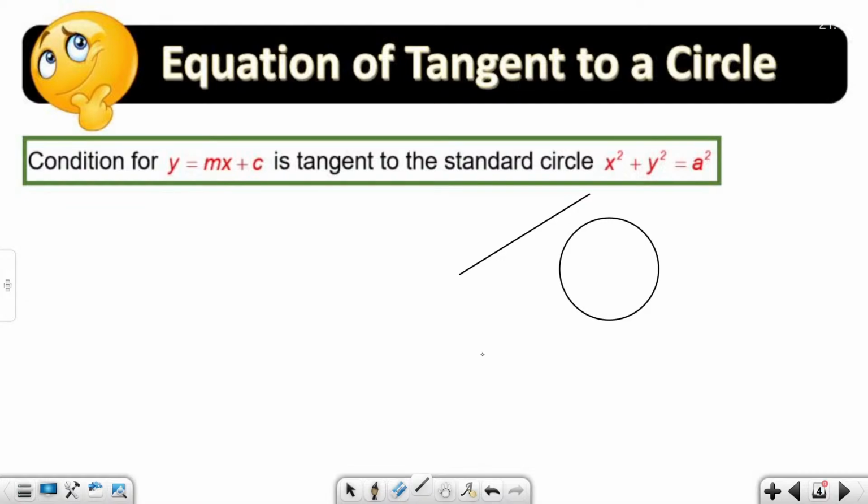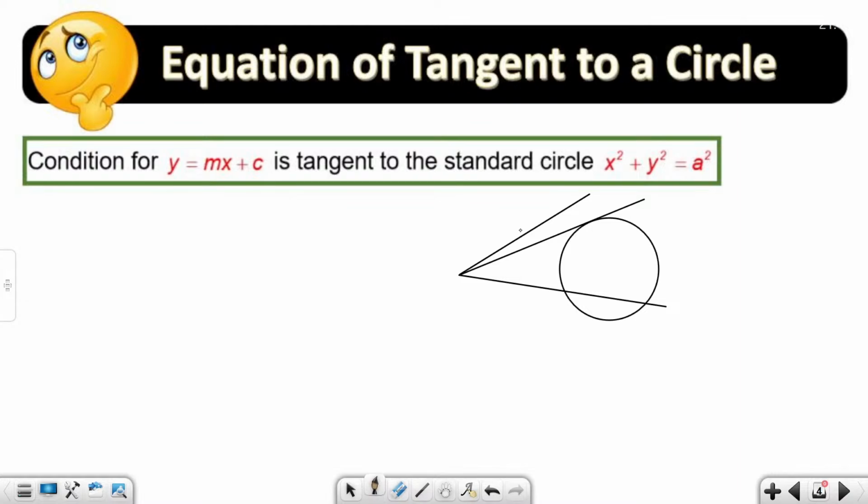What are they? If this line doesn't touch the circle, this is one condition. Or this line is touching the circle at only one point, this can be another condition. Or this line is intersecting the circle at 2 points. So these are the three conditions that a line and a circle can hold.